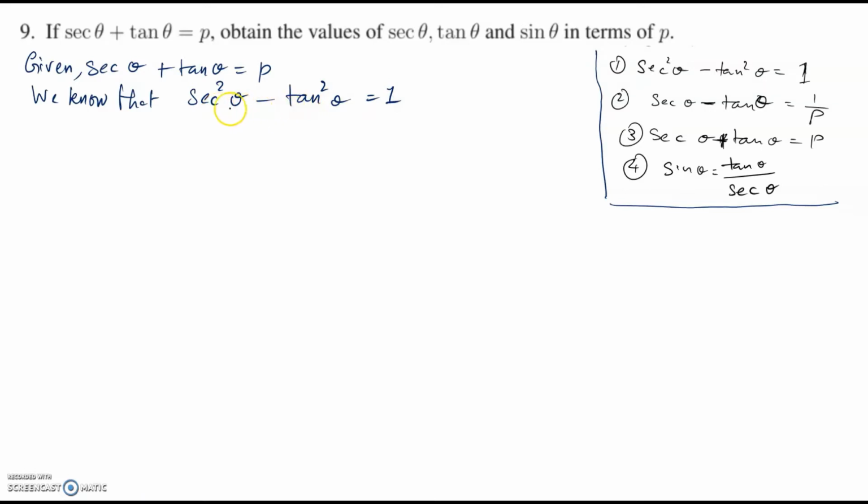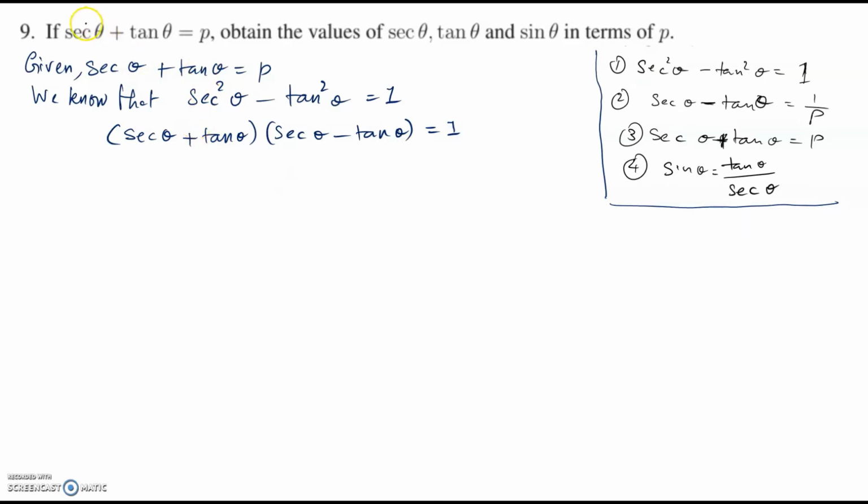This is in the form of a squared minus b squared. So we can expand it further as a plus b into a minus b. Secant theta plus tan theta into secant theta minus tan theta is equal to 1.